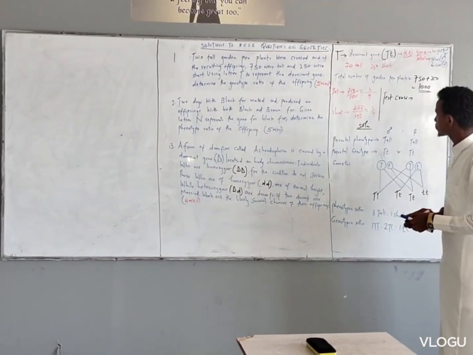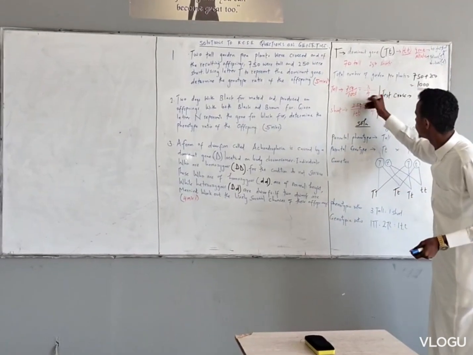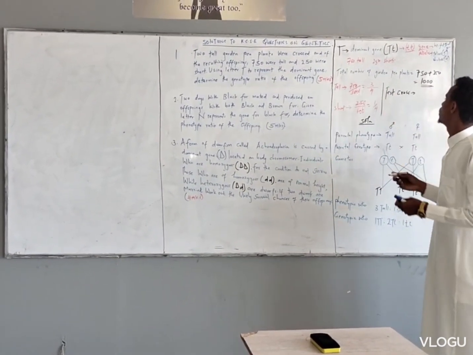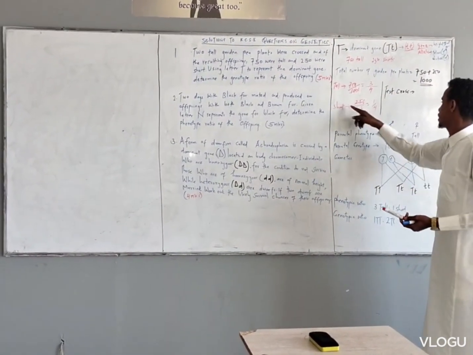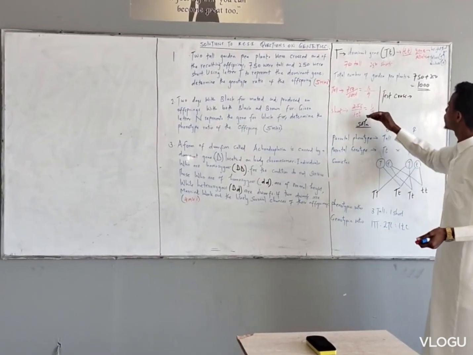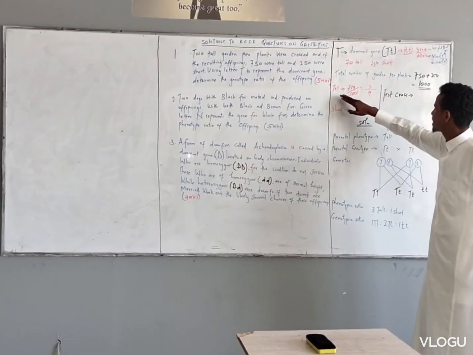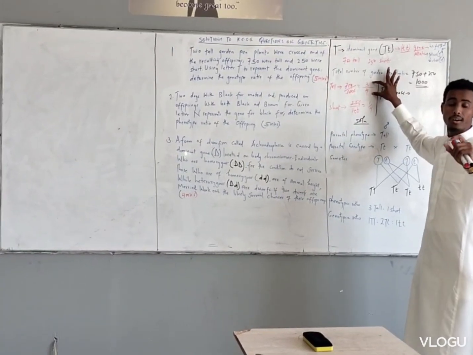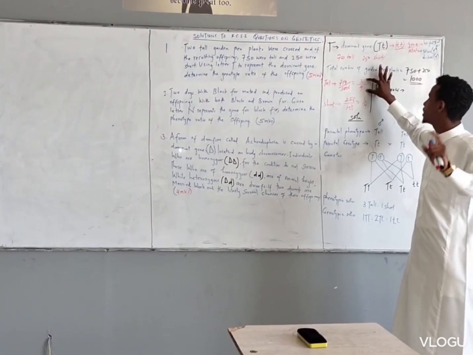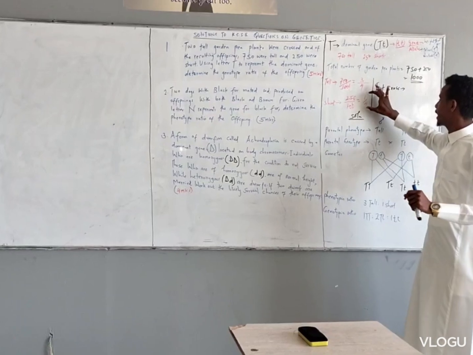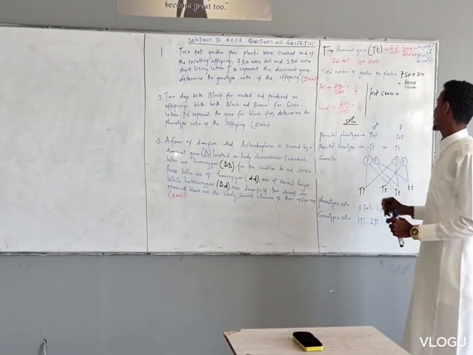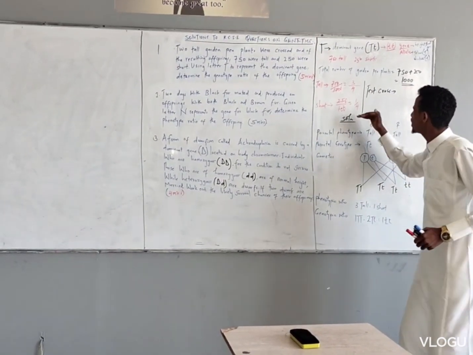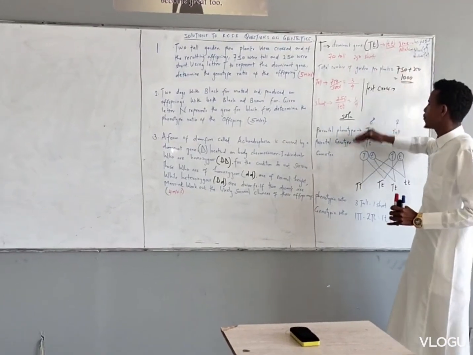Now we're going to get 3/4, and we also get here a quarter. So 3/4 of the total garden plants are tall, and a quarter of the garden plants are short. Now you want to determine the genotype of the parent.